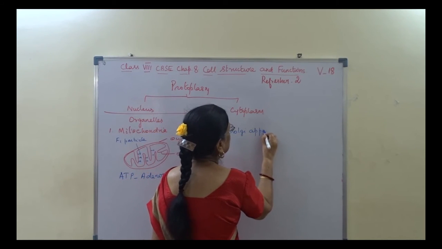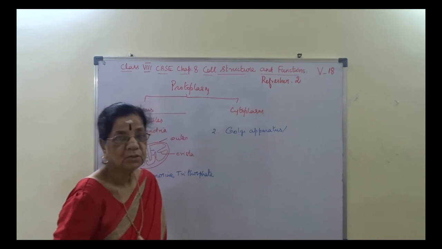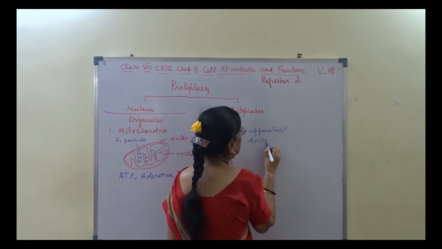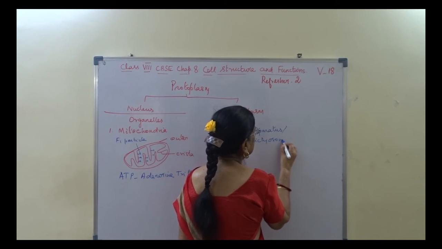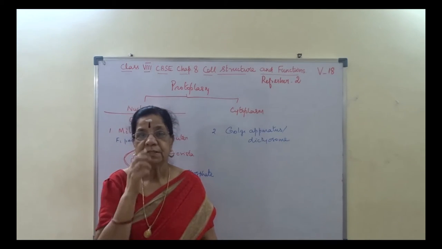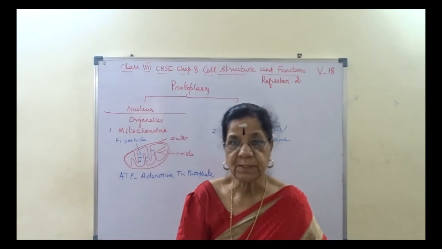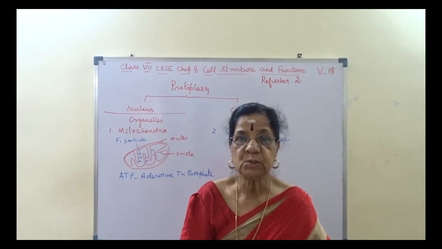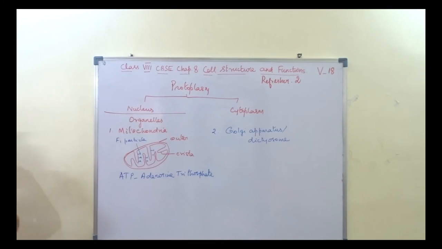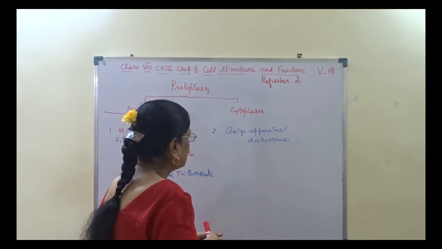This Golgi apparatus is also called the Golgi complex, and in plant cells it is known as the dictyosome. Now, what is the structure of the Golgi complex? It is formed of flattened discs like this.